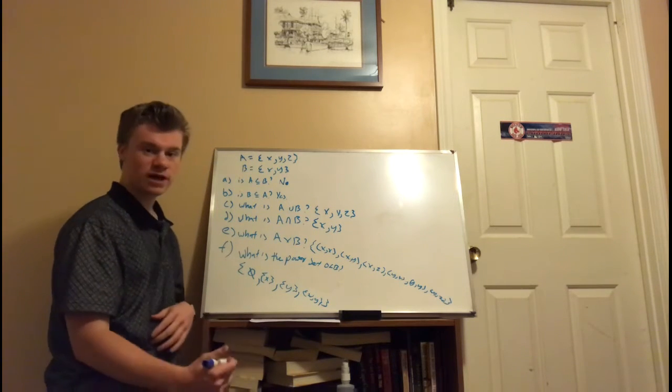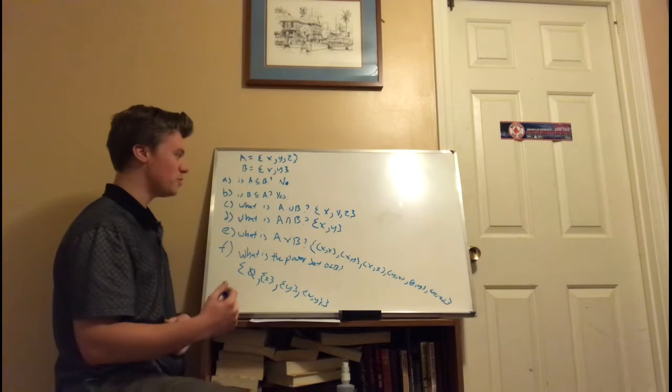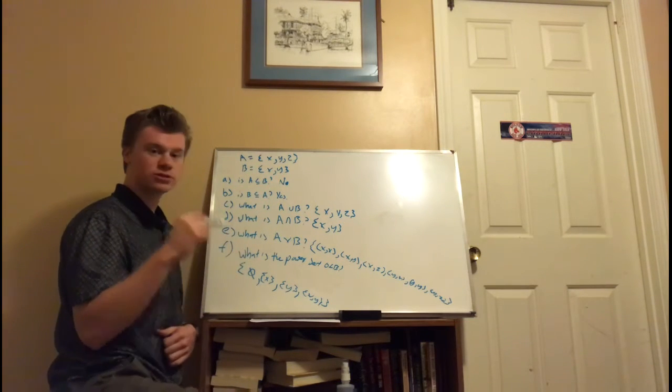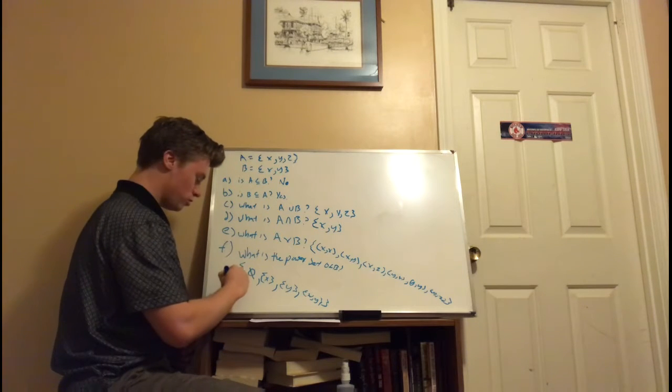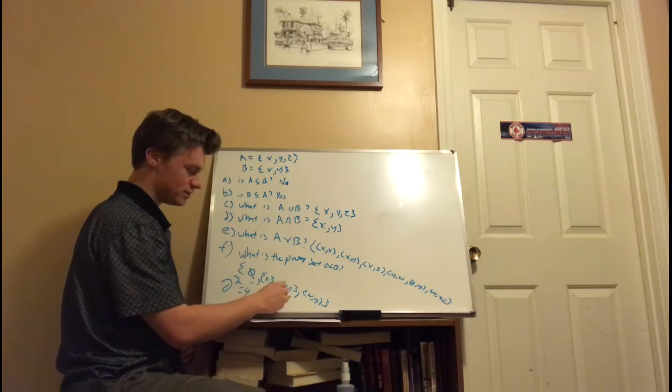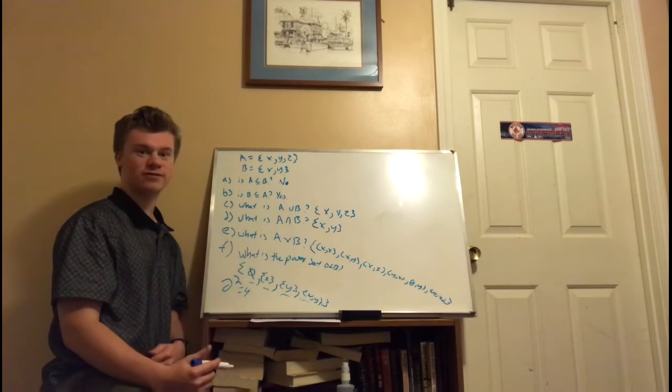A way to find this out easier, that I always remember, is because there's two elements, a power set is always 2 to the power of that, so it's 2 to the second, which equals 4. So you should have 4 different things in the power set, which we have.